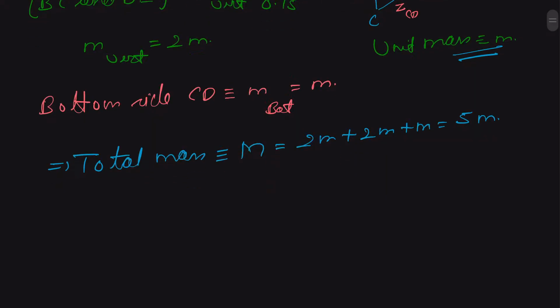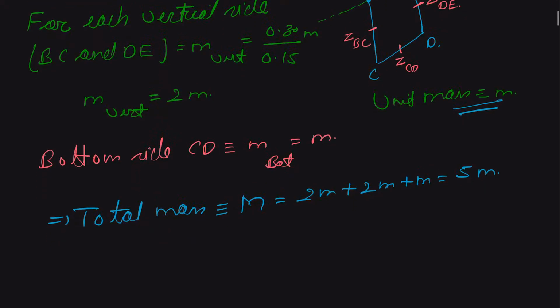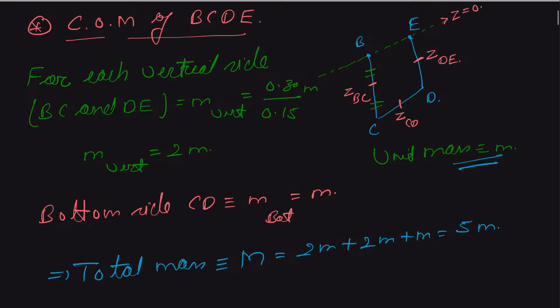Therefore, because we know for this vertical side BC, the center of mass will be at half of its length. So it means ZBC will be nothing but the midpoint of this side BC. Similarly, for our DE, this center of mass will be at the midpoint of this side, and similarly for this.